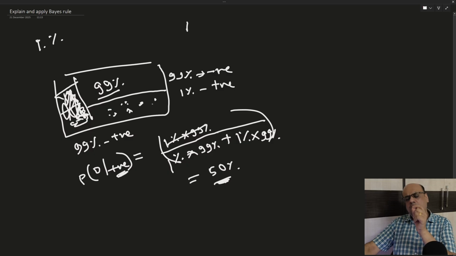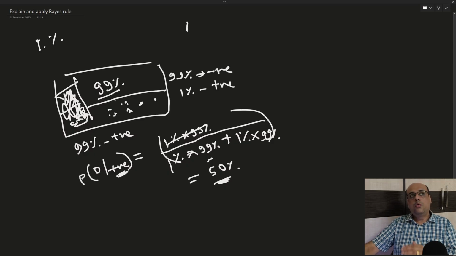Only a minuscule population is affected, a large majority is not affected, and for them also there is a slight probability of the test returning a positive result, whereas they actually did not have the disease. This is kind of decreasing the probability of the person having the disease. This is the intuitive explanation.